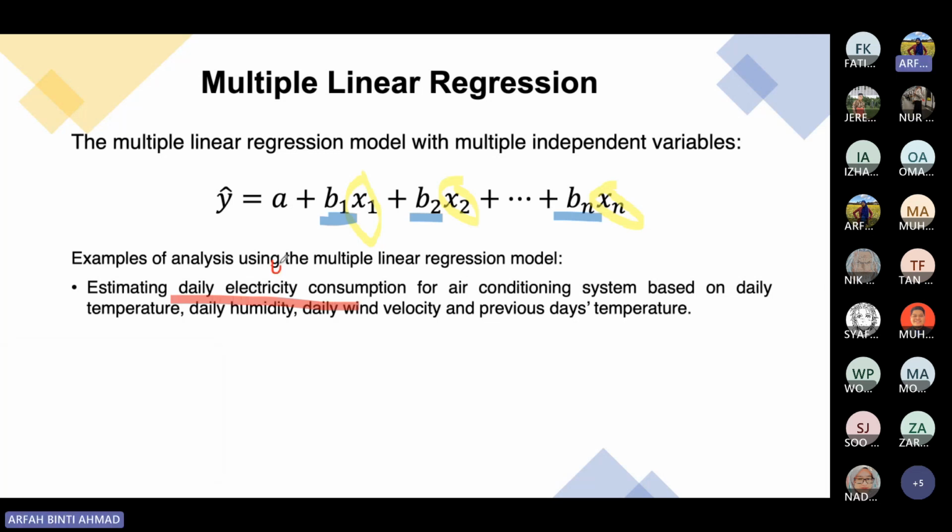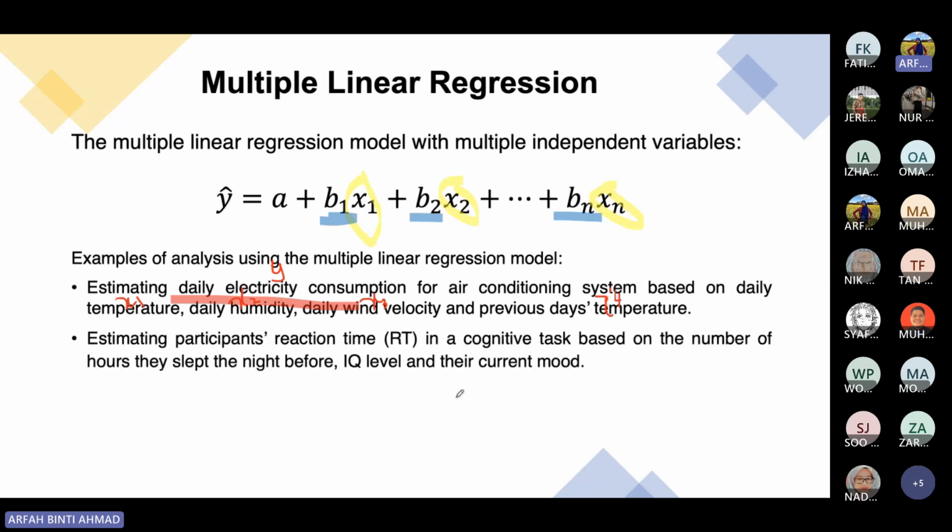And your x will be daily temperature, this is your x1. Daily humidity is x2. Daily wind velocity is x3. And previous day temperature is your x4. So in this case, we have up to four independent variables.